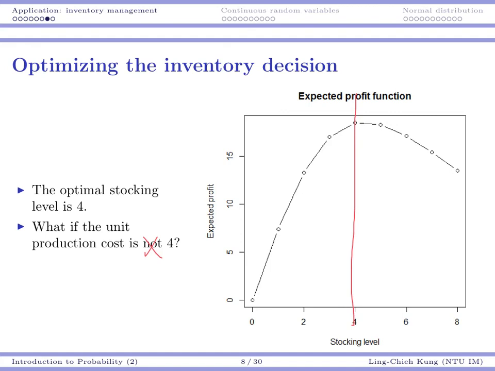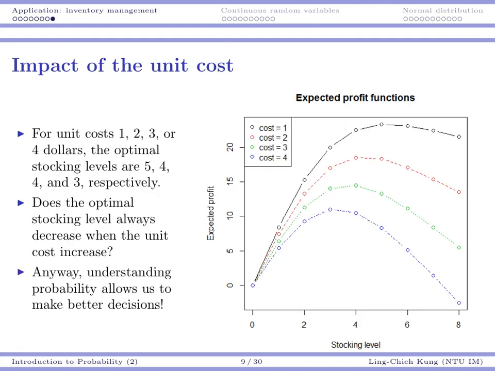We can still finish that. So to complete the whole analysis, let's assume the unit cost may be 1 or 2 or 3 or 4 units. Okay, so we have 4 different scenarios. For each scenario, we may be able to draw a curve like this. That's a curve connecting all those expected profits under different ordering policies.